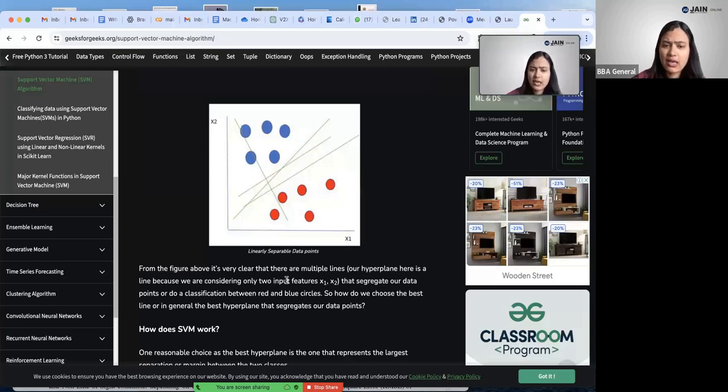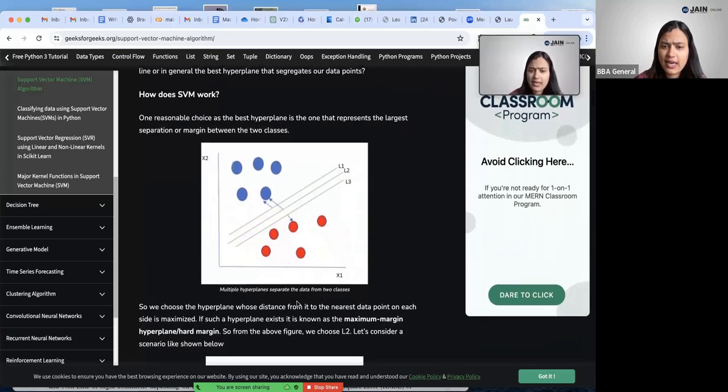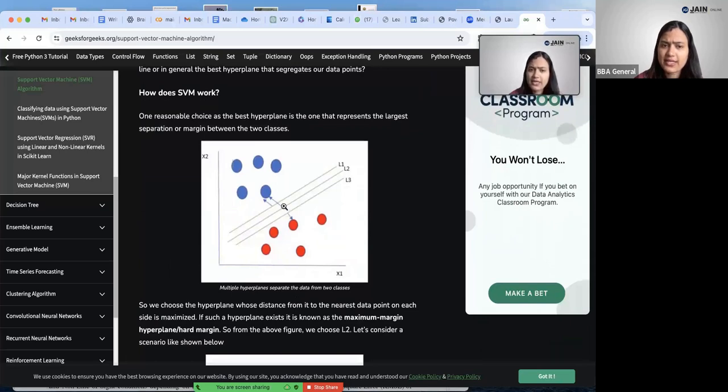So let's see how we can define the best line, how SVM defines the best line to separate this data. Here, this is the example of linearly separable data. As you can see, the data is quite separable on the opposite sides, right? So here you have three lines, line 1, line 2, and line 3.